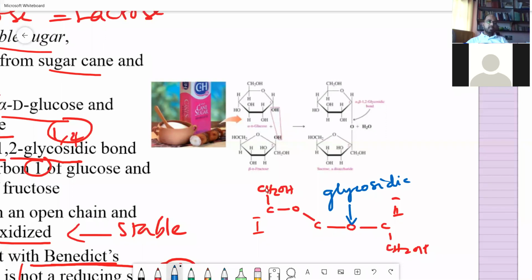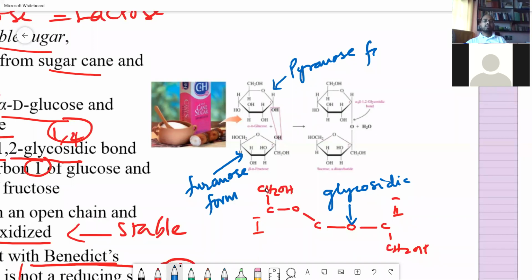Here you can see another major difference: this one is pyranose and this one is furanose. Pyranose means this is a 6-membered ring and this is a 5-membered ring.